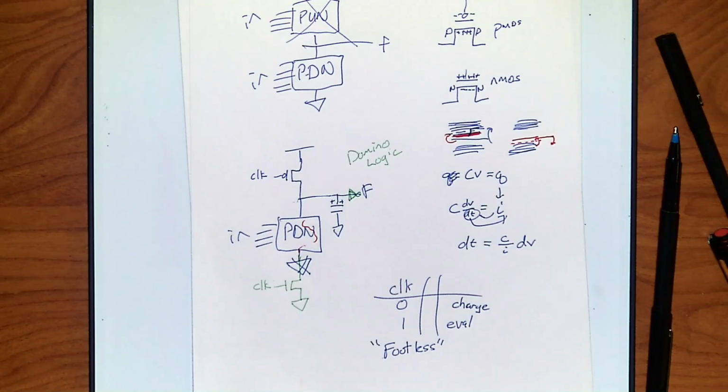Most computers are built off some variant of domino logic. And there's a lot of variants. Some people move the capacitors into the pull-down network, so there's all kinds of crazy stuff you can do with these ones. There's shared charge networks. There's all variants off this. What I wanted you to do is, if you understand how to do the original static CMOS, it's not a big jump to go to dynamic logic.